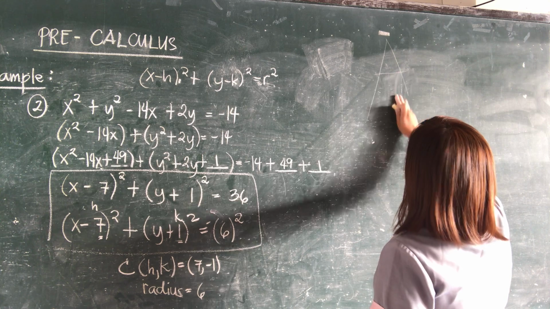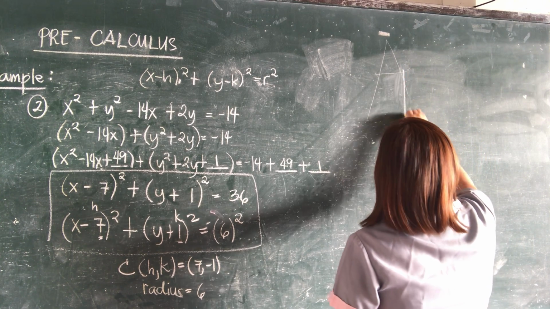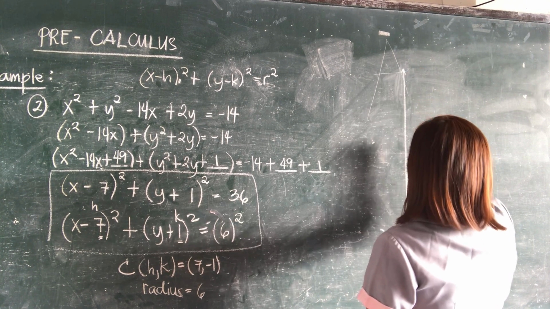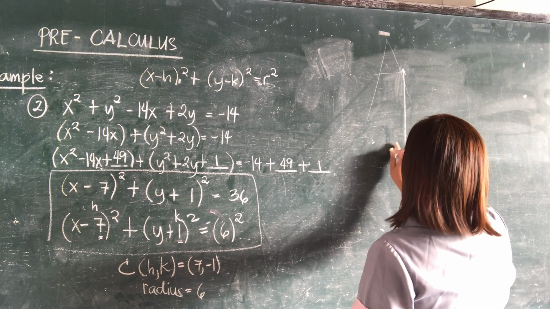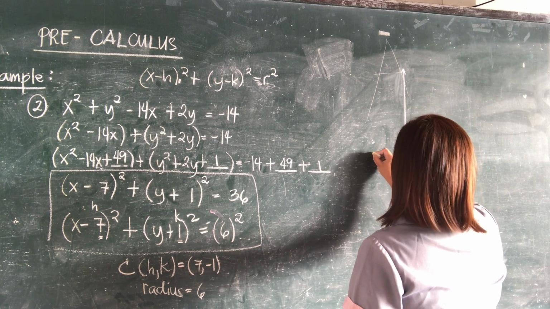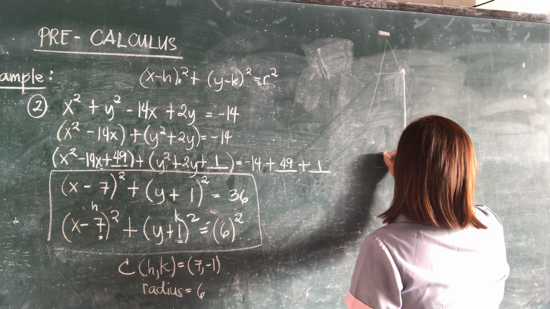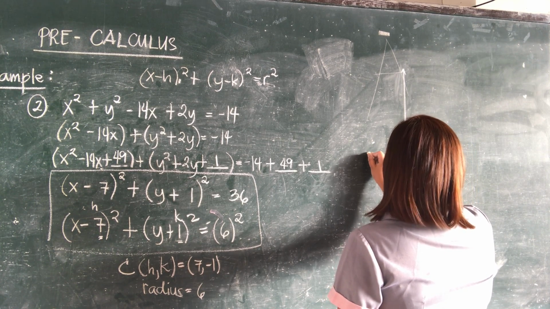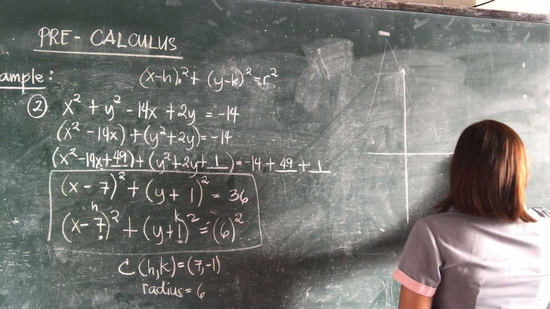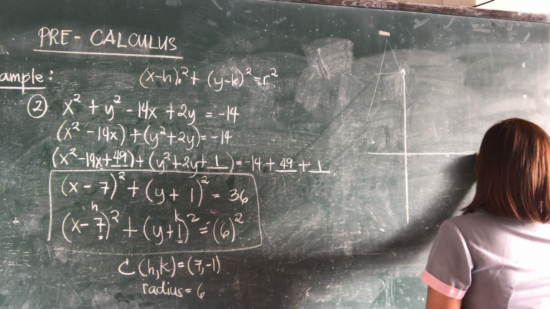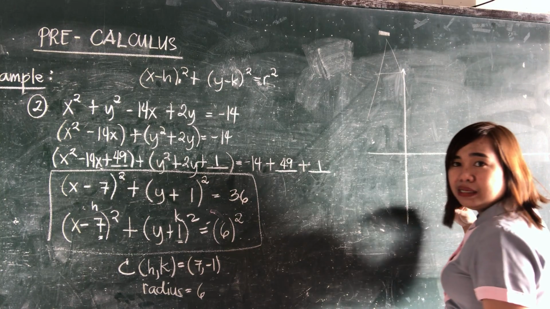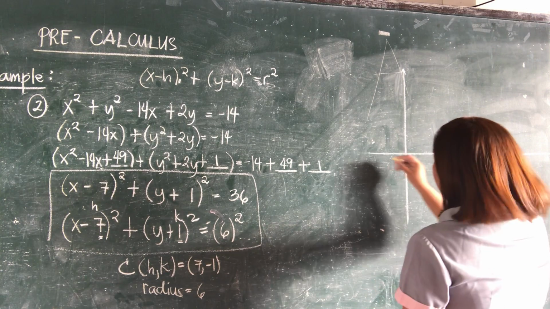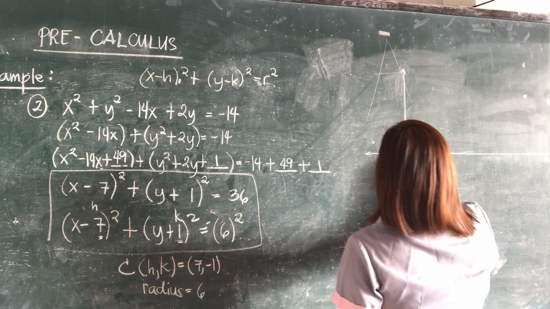Draw muna yung plane. Tapos 7, 1. Abot ba? Abot. Okay. So, label natin.